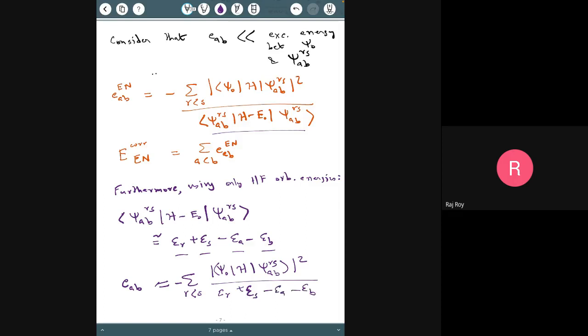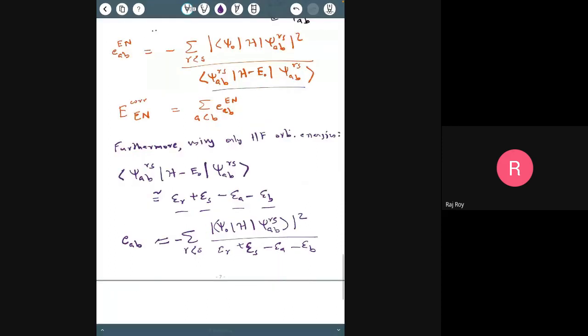Some people will shift this negative sign to the denominator and do EA plus EB minus ER minus ES. That's also fine. Okay. And this is called the first order approximation to the Epstein-Nesbet perturbation. So there are various levels of approximation. So that's it for the independent electron pair theory.